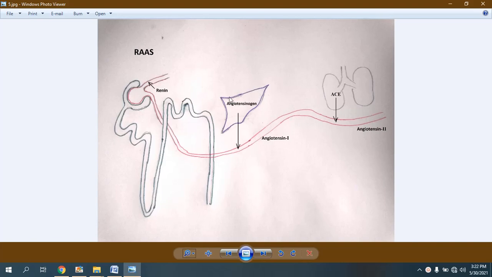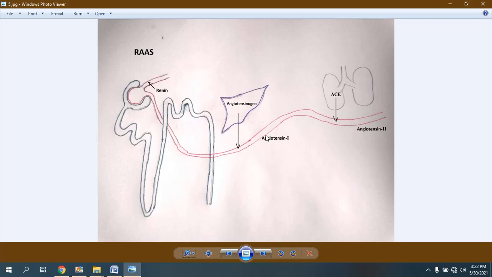The angiotensinogen is synthesized inside the hepatocytes of the liver and is continuously secreted into the blood. So all over the body, the blood vessels contain a large amount of angiotensinogen synthesized by the liver. The renin combines with the angiotensinogen and converts it into angiotensin 1.